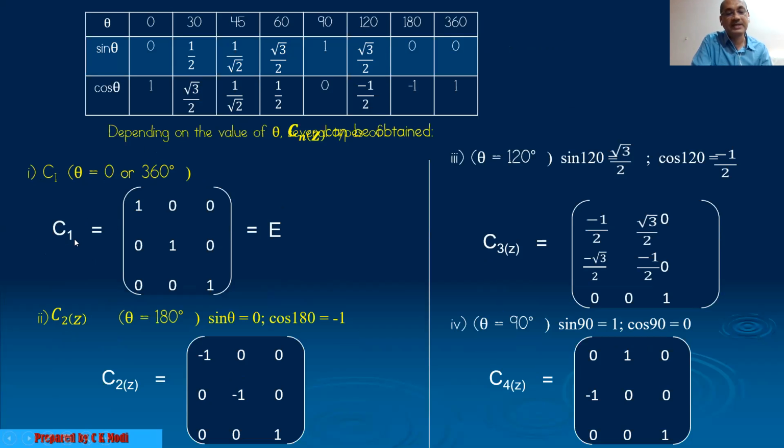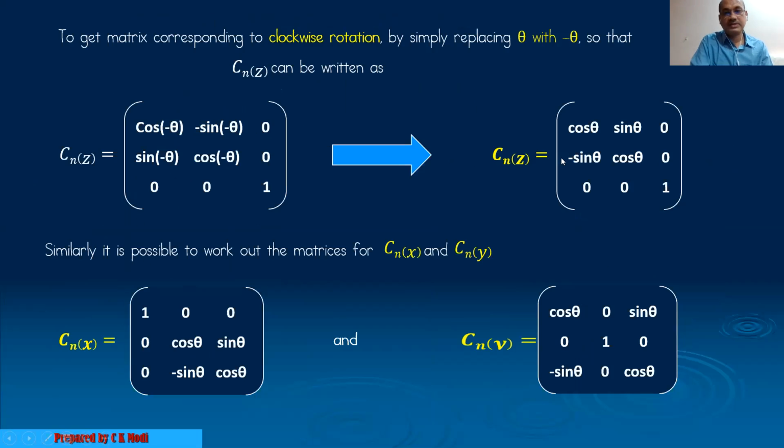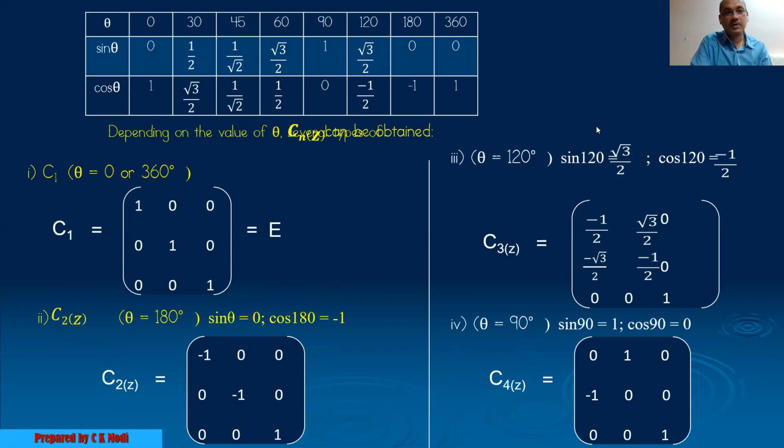For the C1 matrix, cos 0 is equal to 1, sin 0 is equal to 0, so we get 1, 0, 0; sin 0 is equal to 0, cos 0 is equal to 1, 0; 0, 0, 1.